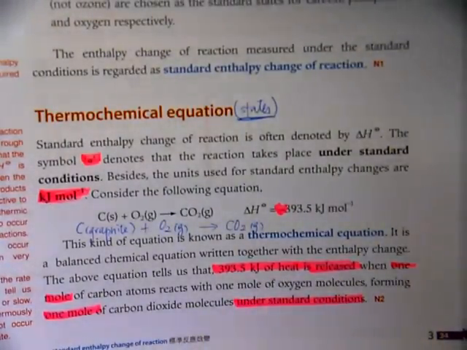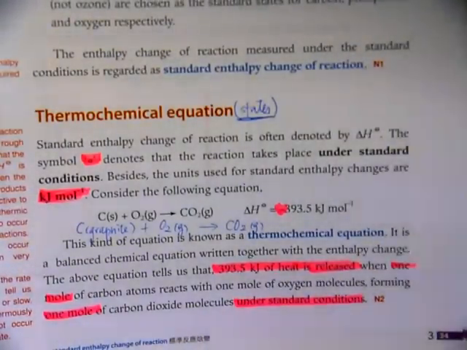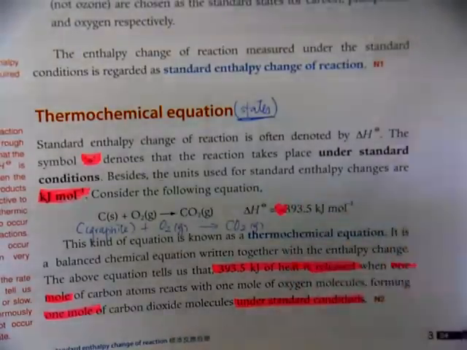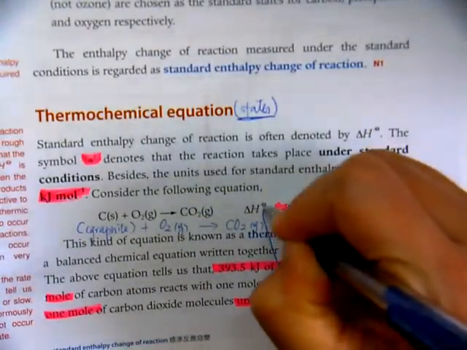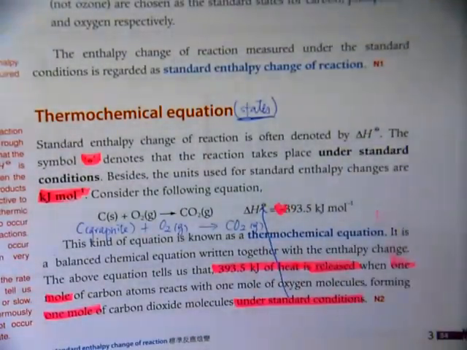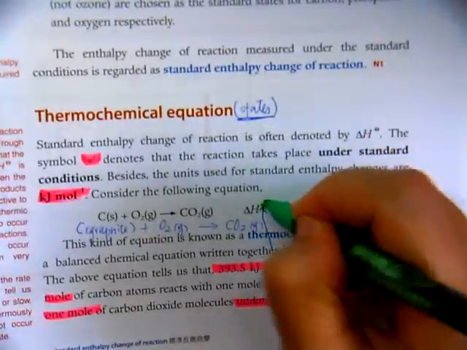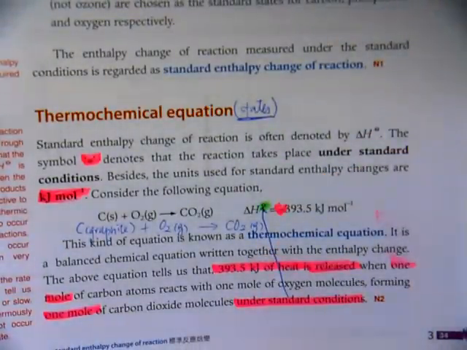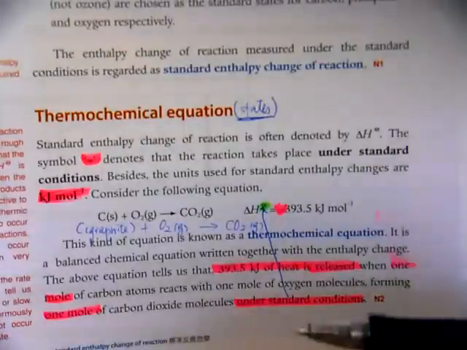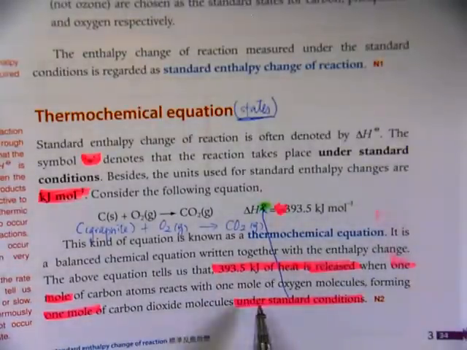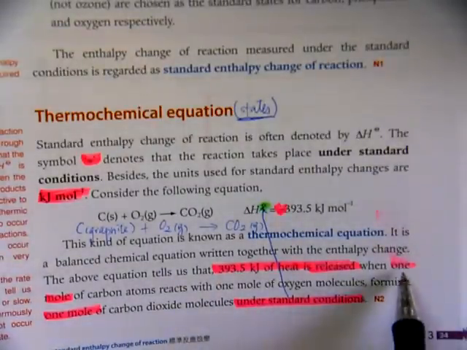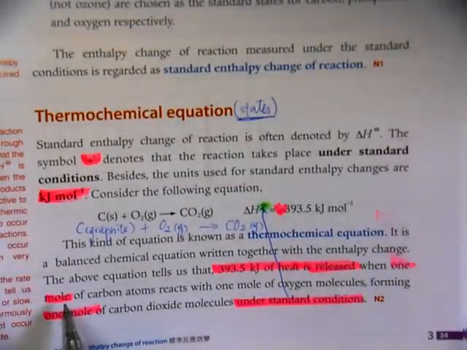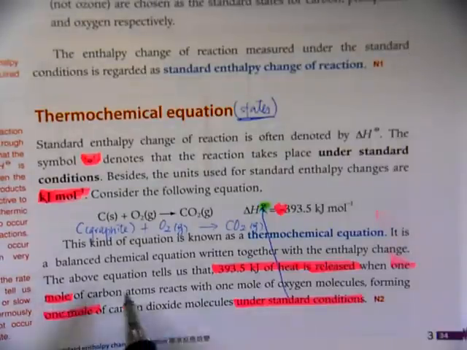You must mention under standard conditions, because if you look at this symbol, there is a phi symbol. Can you see that? So in your interpretation, you must tell me under standard conditions. Besides, we must mention the number of mole involved.